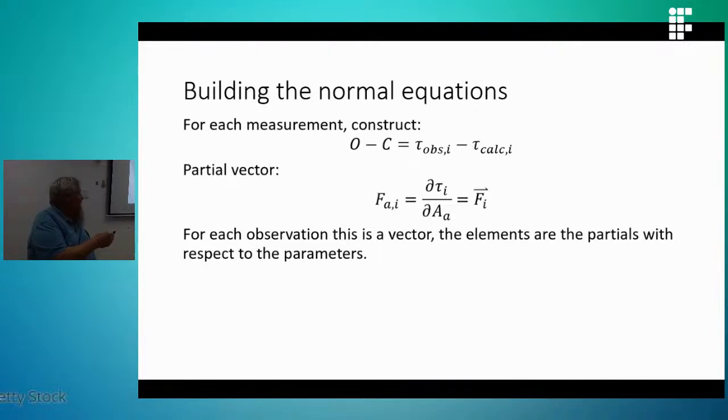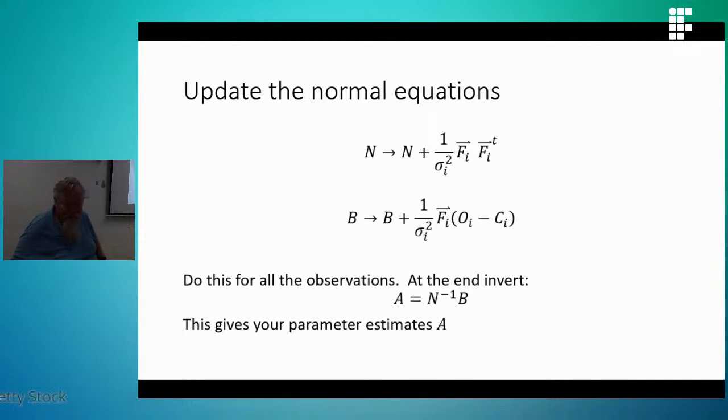I like to view this as just a vector, and the number of components are the number of parameters we're estimating. So if we're estimating 10 parameters, then this has dimension 10. Then we update the normal equation by adding this new term, where we take this vector and multiply it by its transpose, and then divide it by the sigma squared.